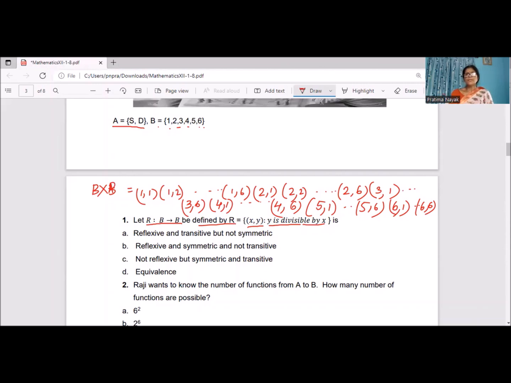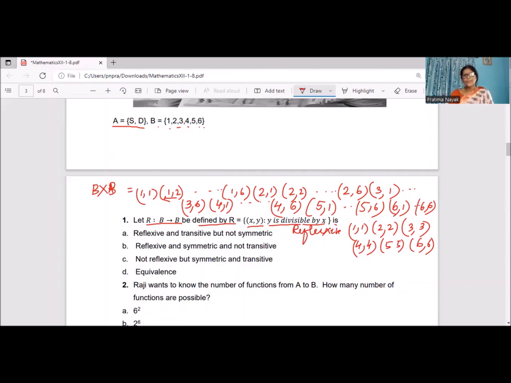Y is divisible by X, that is, the second element is divisible by the first. So (1, 1) will be there, (2, 2) will be there, (3, 3) is there, when the second element is divisible by the first. So these satisfy the relation, and this relation will be reflexive. Now coming to whether it is symmetric or not.